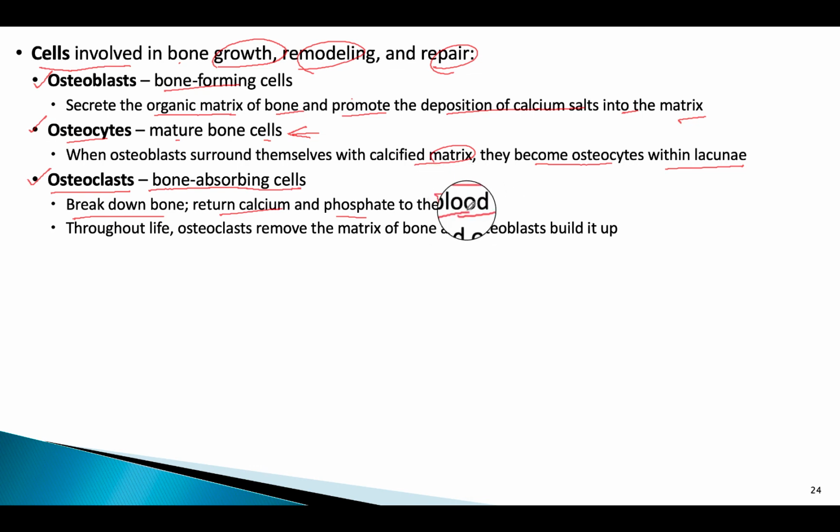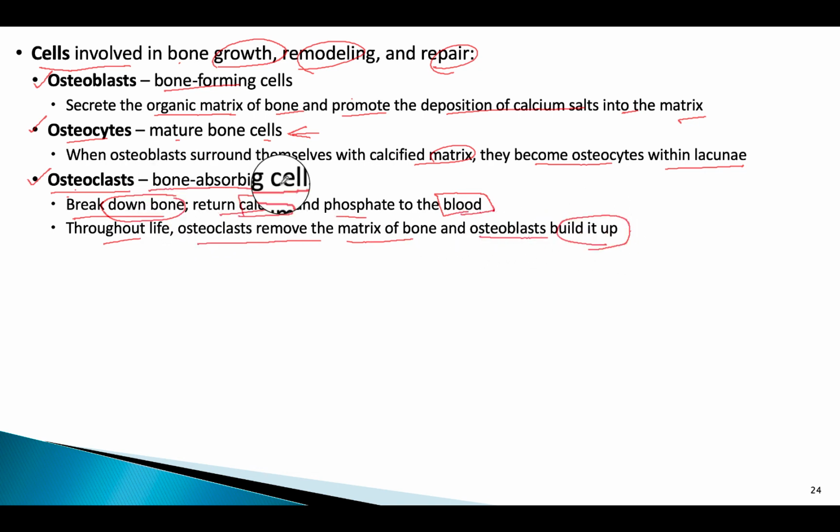So if the body needs calcium, for example, and you're not providing it via the diet, then these cells right over here get activated so that they can break down the bone and then return calcium to the body, in the blood specifically. Throughout life, osteoclasts remove the matrix of bones and osteoblasts will build it up.